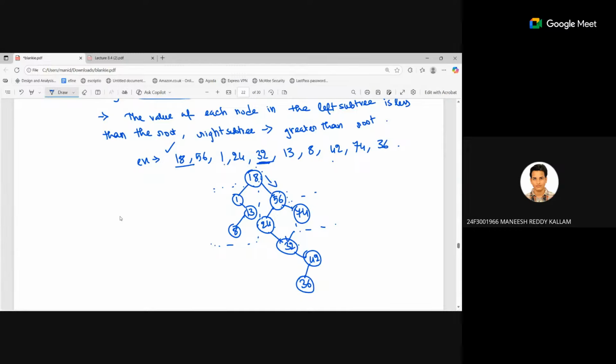If it is greater, we go to the right side part, and if it is less, we go to the left side part, and we repeat the same thing. Correct. So binary search takes log n to search an element, whereas linear search takes n time because we have to go through all the elements. But in binary search, at every decision we can discard half the list. Similarly here, at every comparison you can discard half of the tree for the node where you are.